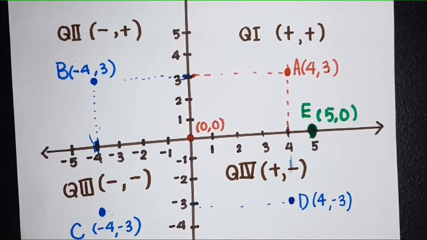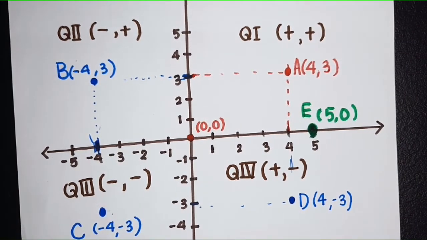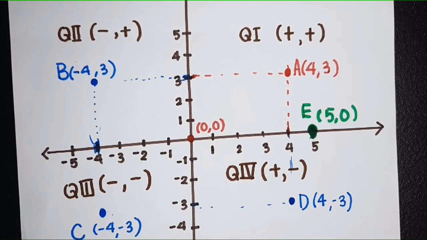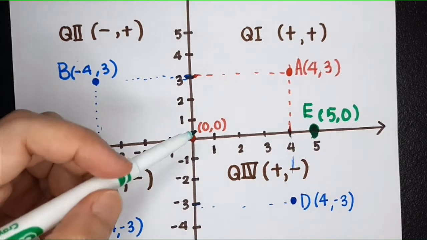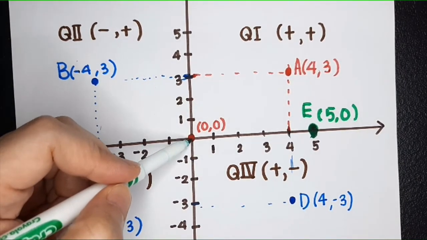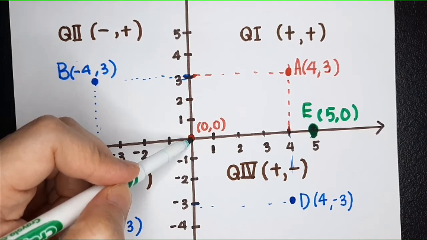Okay? Let's have another one. What if I ask you to find 0, -3? Where is the point 0, -3? Okay? So, 0 ang x-coordinate. So, you start here, 0. Wala wala. 0. And then, the y-coordinate is -3.